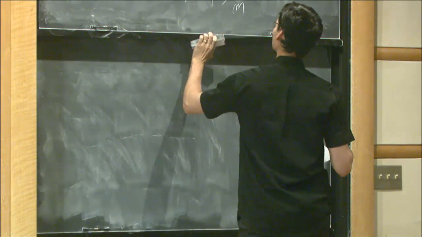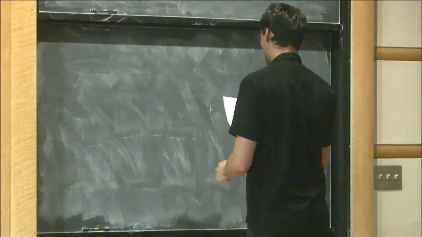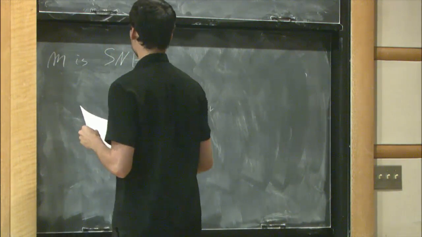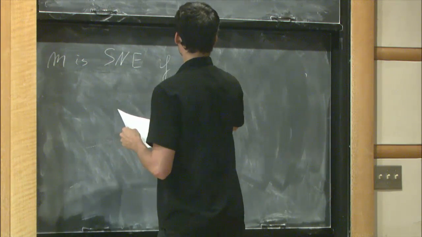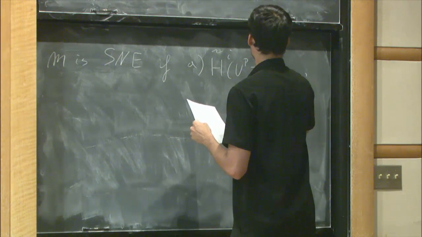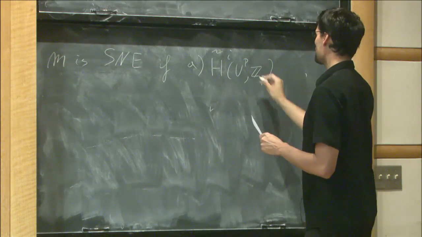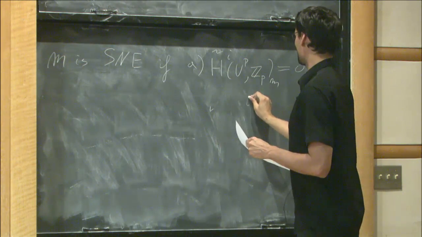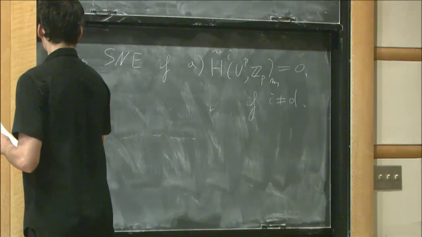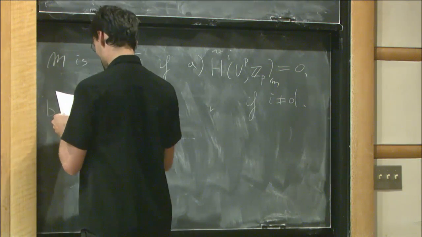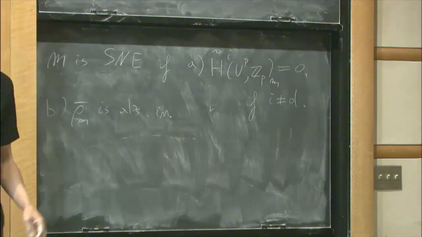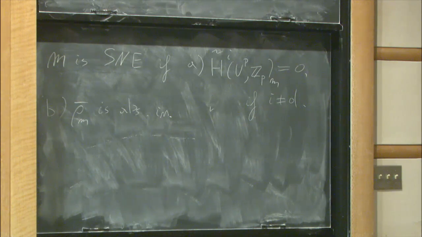So now I should explain what it means for m to be strongly non-Eisenstein. So m is strongly non-Eisenstein if (a) the completed cohomology vanishes after localization at m if i is not the middle degree, and (b) the residual representation attached to m is absolutely irreducible. I believe that, in fact, Matthew Emerton has conjectured that (b) implies (a).